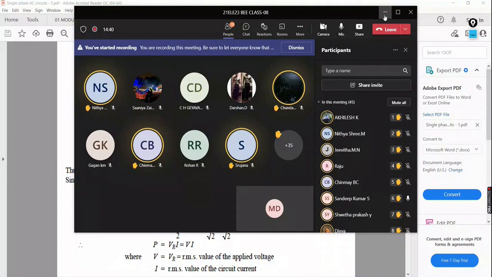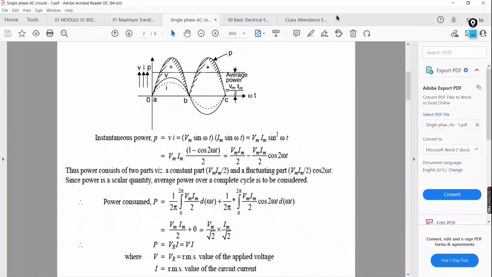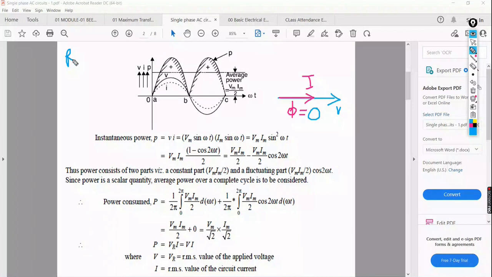If voltage and current are in phase, what is the phase angle? 0 degree, that is 0. If it is a pure resistance, what is the phi value? The angle between voltage and current is 0. What is power factor? Cos phi.